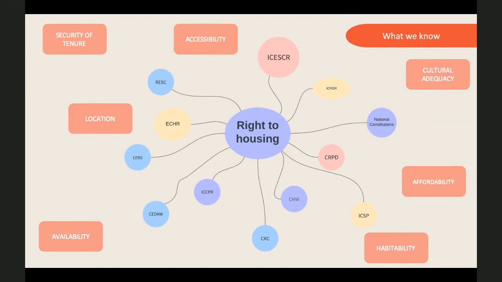It deals with security of tenure, accessibility, cultural adequacy, affordability, habitability, availability, and location. And it's laid down in a lot of international and regional instruments, and of course also in a lot of national constitutions. But this is what we already knew.